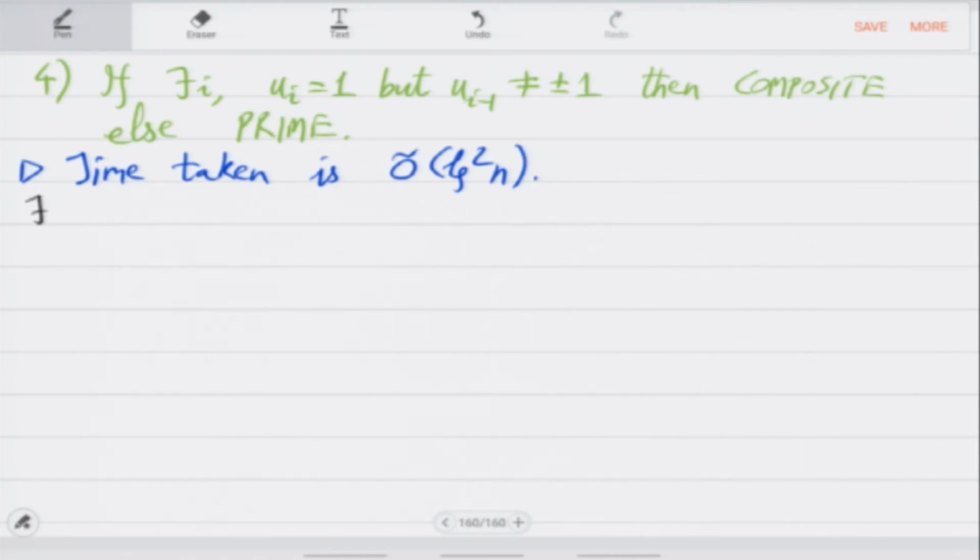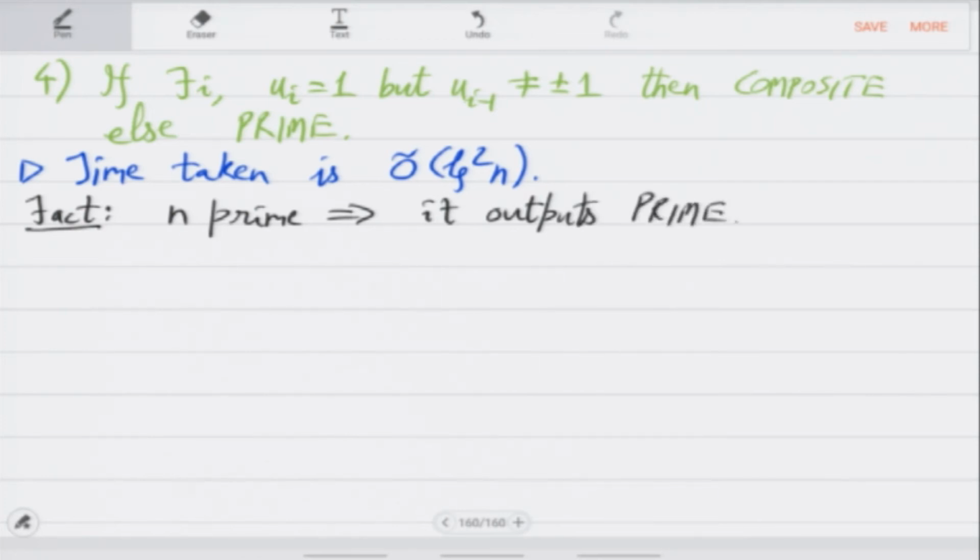The first observation is as before, that if n is prime, then it outputs prime. Why is that? Well, as I already said, 1 has only 2 square roots modulo a prime. Square root of 1 is only plus minus 1.